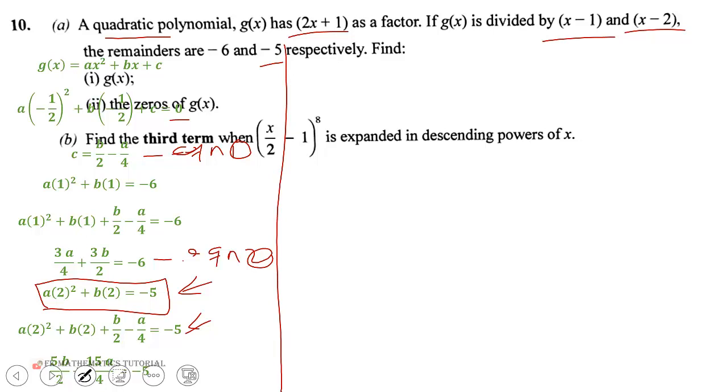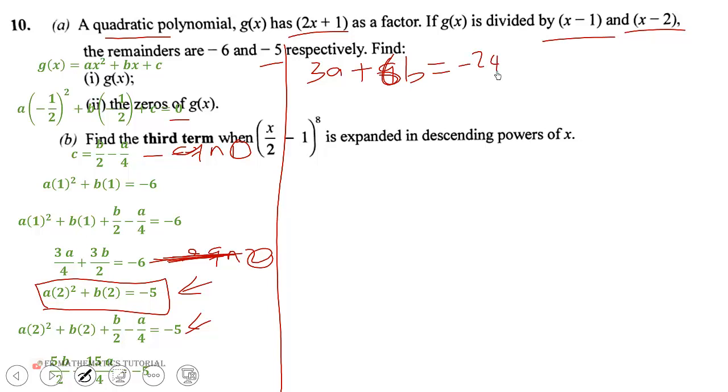So let's take this equation here and multiply through by 4. When we multiply through by 4, we get 3a plus 6b, because 4 will go here, 2 will go into 4 two times, 3 times 2 is 6. Then 4 times negative 6 is negative 24.